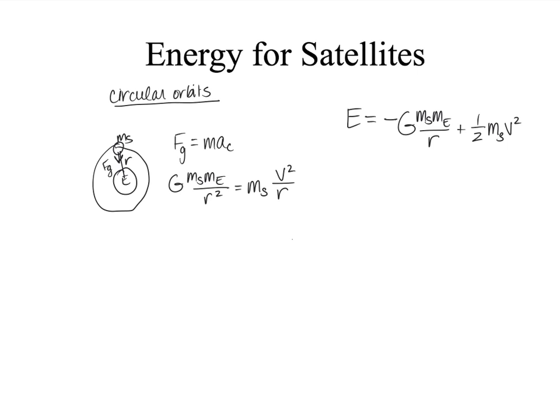And what we're going to do is solve for the velocity squared and then use that in this expression for energy. So let's rearrange a little bit. First, we can get rid of the mass of the satellite. That doesn't actually matter. So we get G times the mass of the Earth over r is equal to v squared. And so we're going to put this in the energy term.